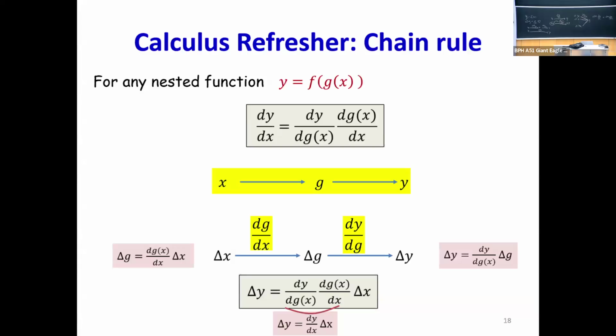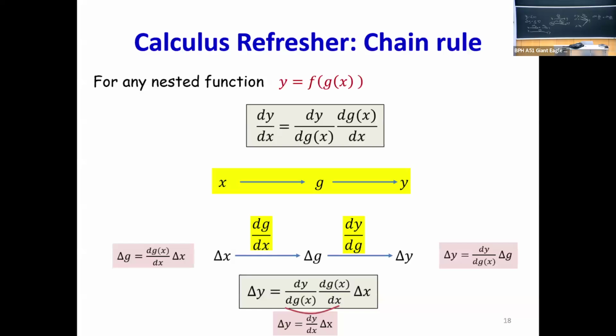Now if I wanted to write a direct relationship between delta y and delta x, delta y is dy over dx times delta x. But from this edge, delta y is dy over dg times delta g. From this edge, delta g is dg over dx times delta x.